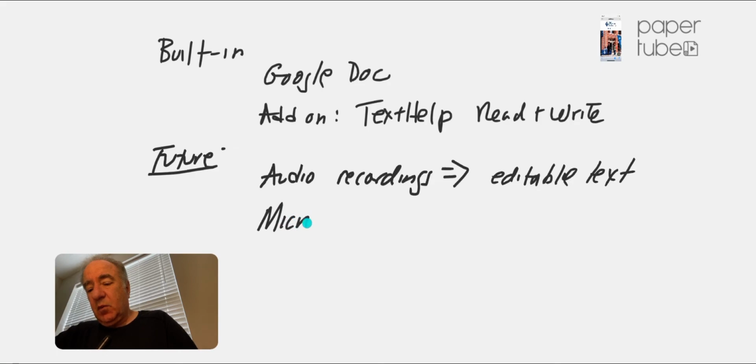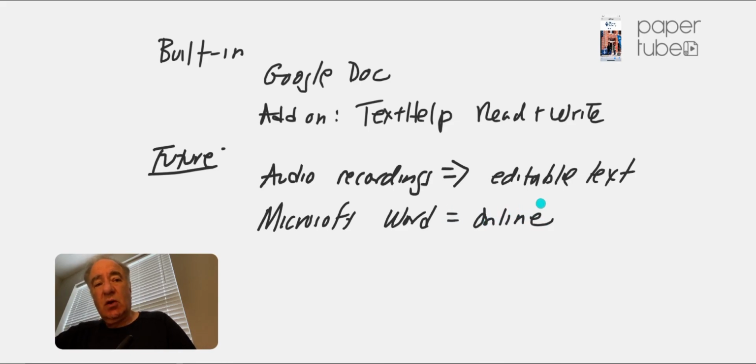Microsoft Word is able to do that right now online, and coming shortly will be a version that works with the desktop version of Microsoft Word. So students will be able to record audio, then upload the audio, and then output it as a text file. So these are just some ideas of where technology and assistive technology could help students improve writing.